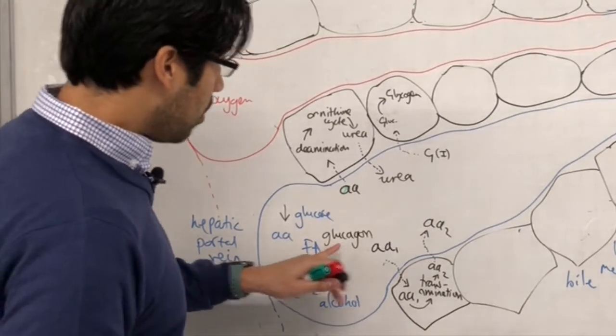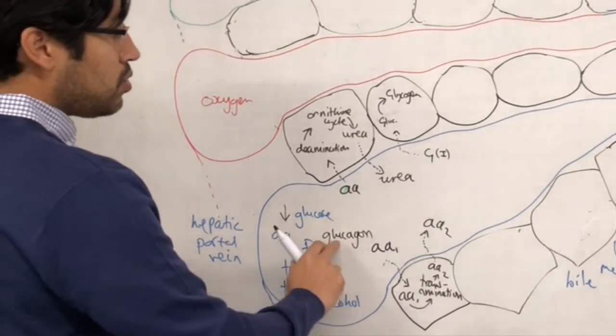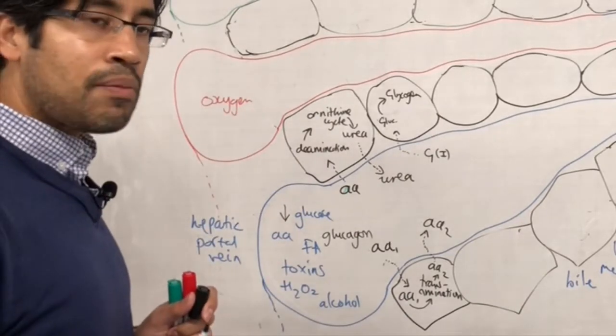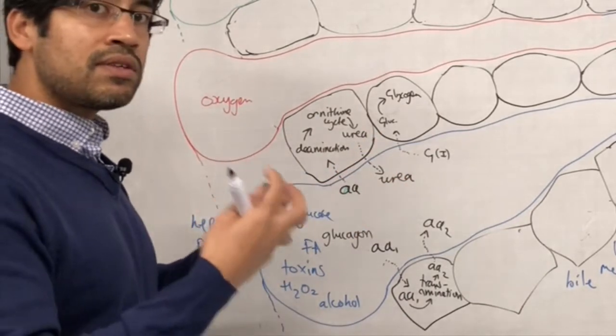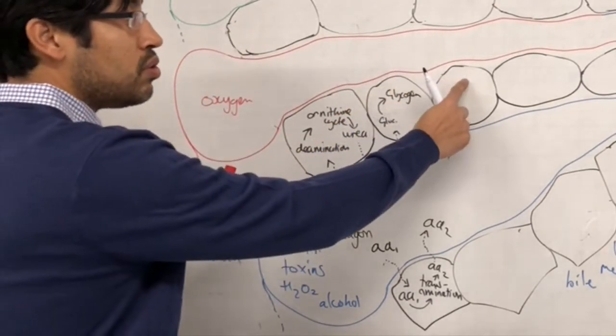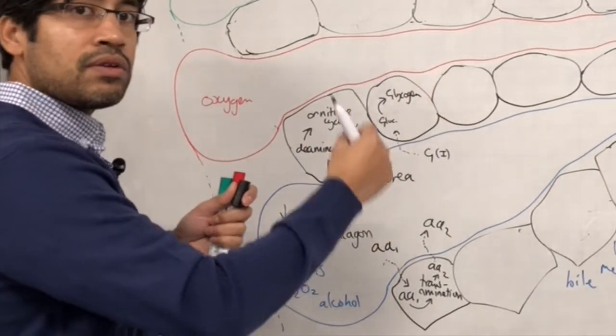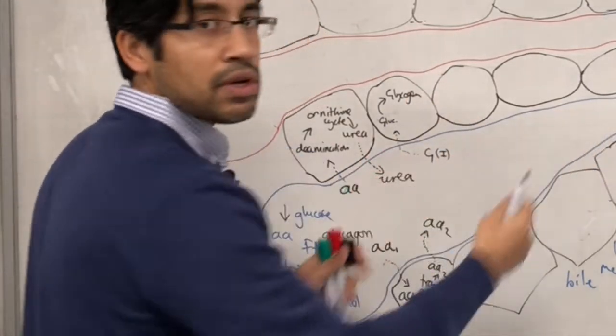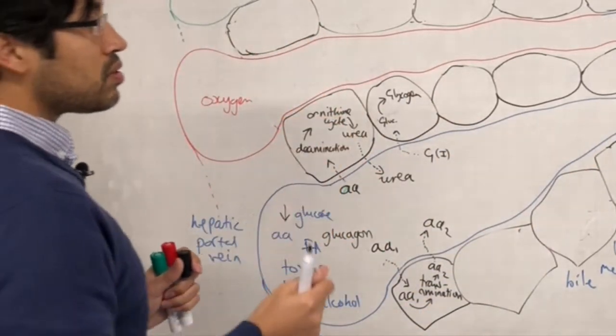And glucagon has the opposite effect on the carbohydrate metabolism of hepatocytes. It stimulates them, it activates them to hydrolyze the stored glycogen back to glucose, mobilizes glucose, glucose then enters the blood, and blood glucose levels rise.